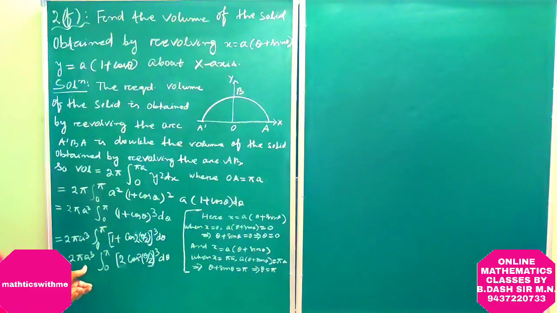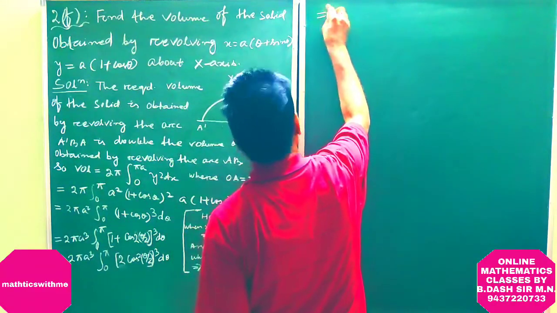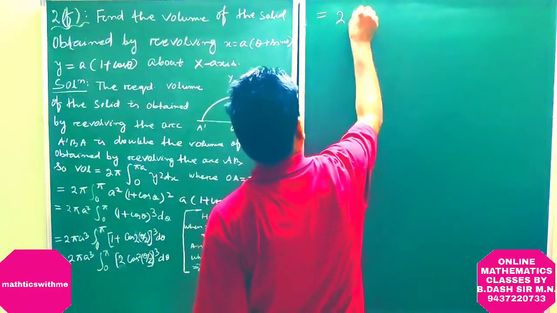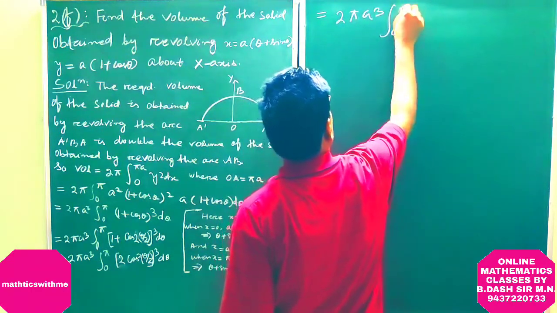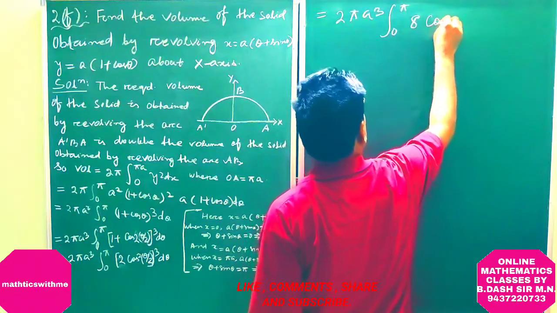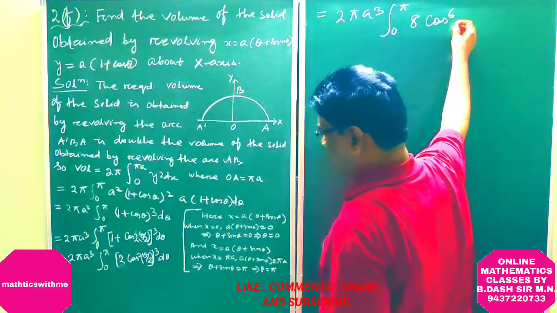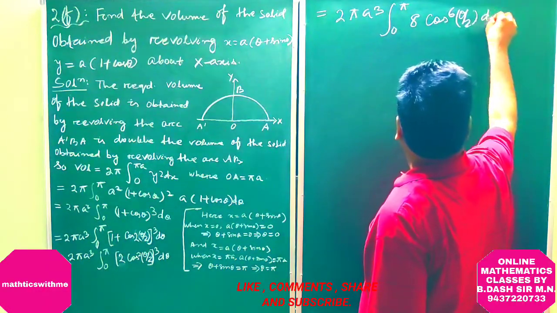This is equal to 2πa³ ∫ from 0 to π of (2cos²(θ/2))³ dθ, which equals 2πa³ ∫ from 0 to π of 8 cos⁶(θ/2) dθ.